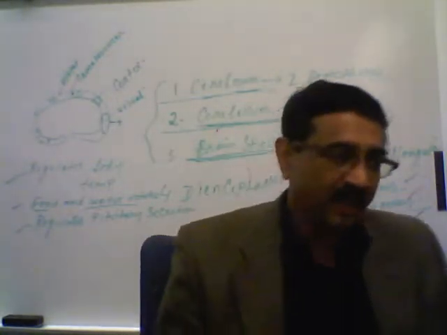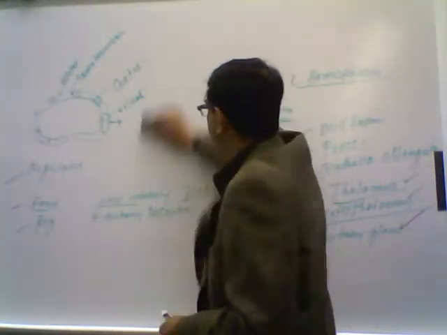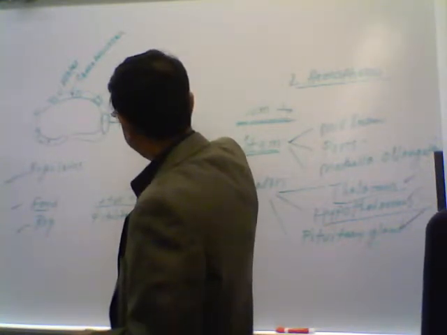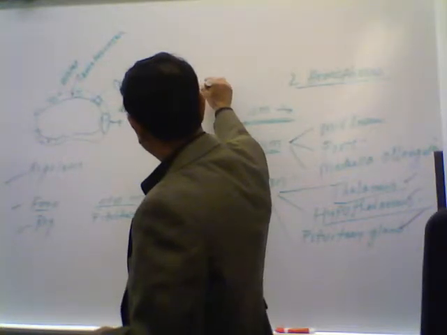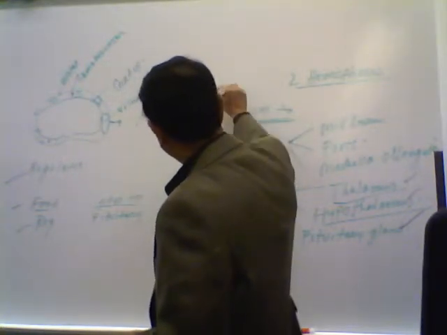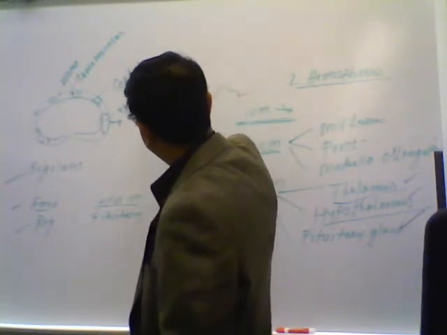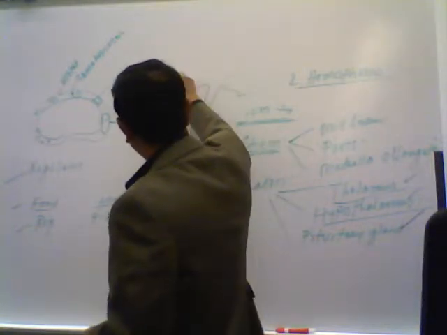So fissures are deep grooves or cuts, and sulci are shallow. So if I draw here, it will be like this. If this is the brain surface, and if I see a deep one, okay, so these are sulci. In between two sulci, the area is called a gyrus.